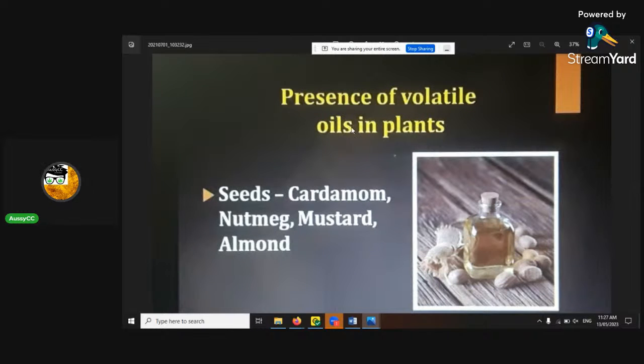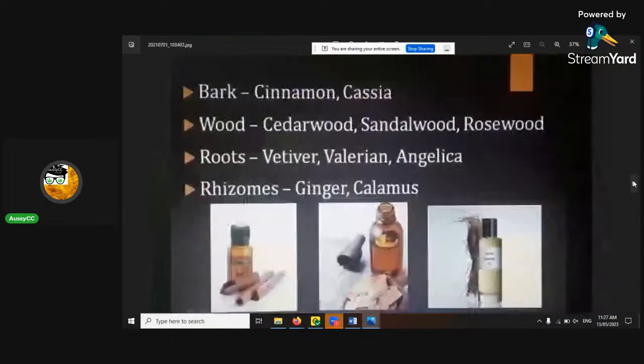Seeds: we don't have much volatile oil in our seeds at all. There's just the hemp oil, which has properties in it, but there's no CBD in hemp oil. Then the bark, woods, roots. I don't think there's much in our roots, and in the rhizomes.